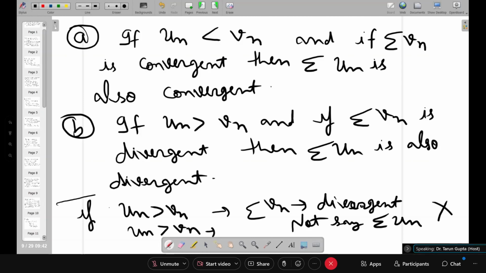Yes, Sir, it should be un is less than vn, no? No, there are only two cases. Un less than vn is the first case: if vn is convergent, then un is also convergent.